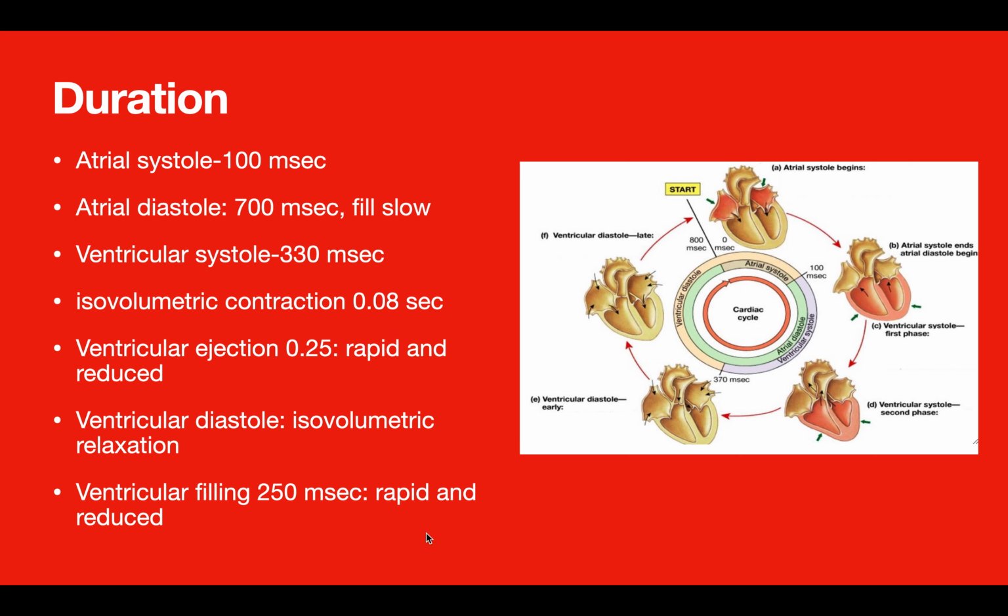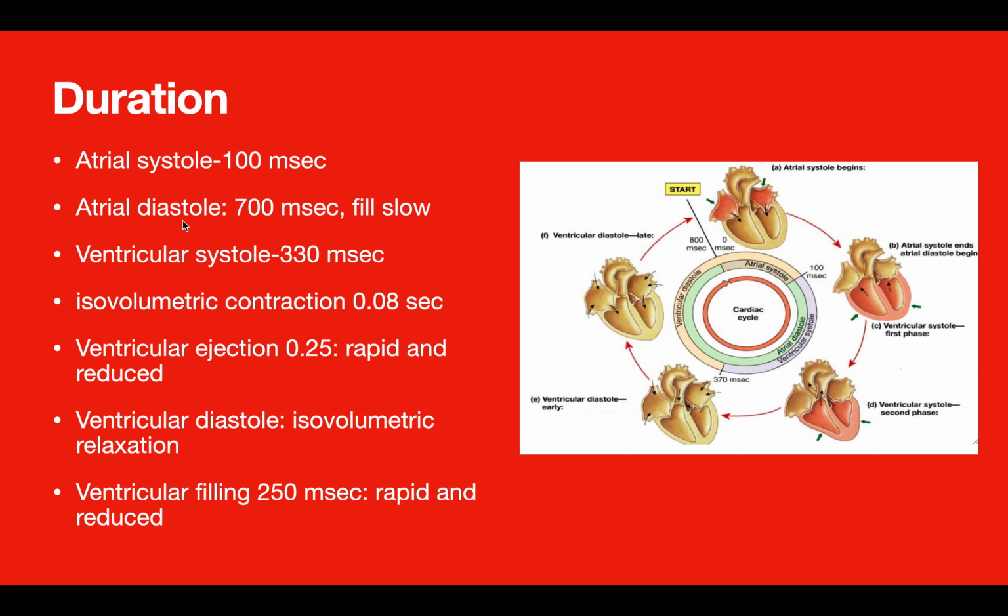Rapid, of course, is the quickest, and then reduced is a little bit later after the initial rapid filling, and it fills the very last bits of the blood from the atrial systole. And ejection is also rapid and reduced. So first there's the initial release of the blood, and then the final squeeze, that's going to be the reduced.